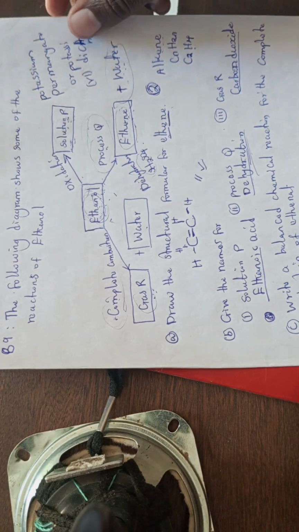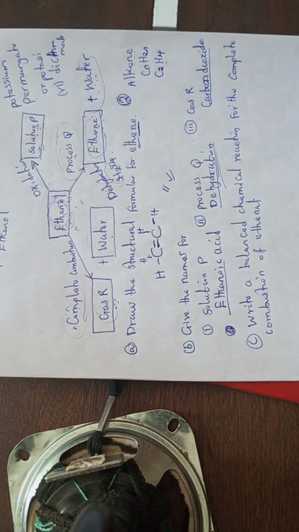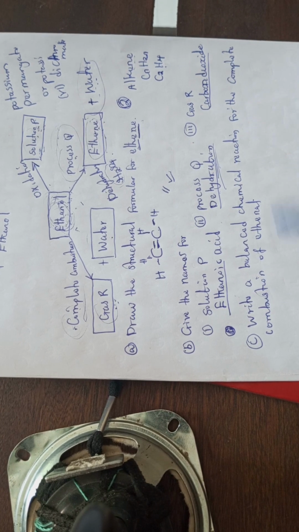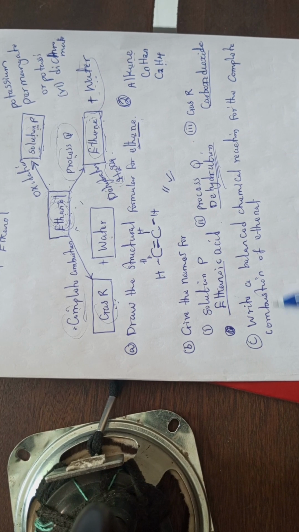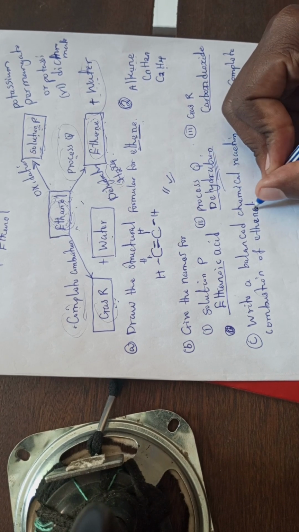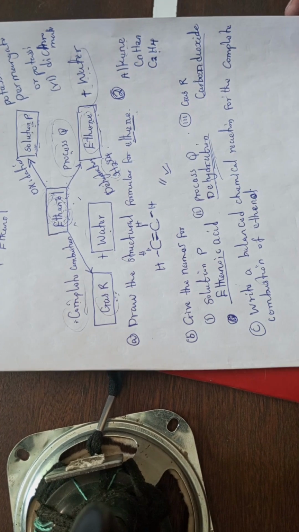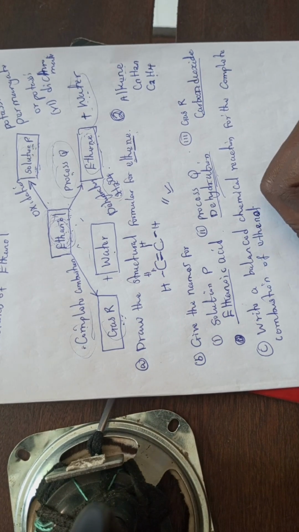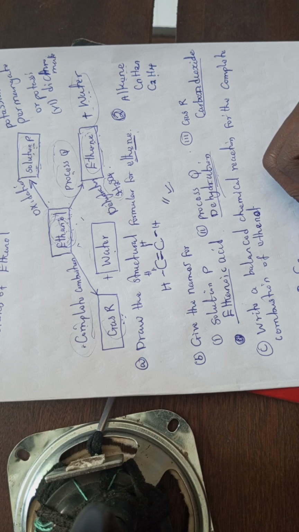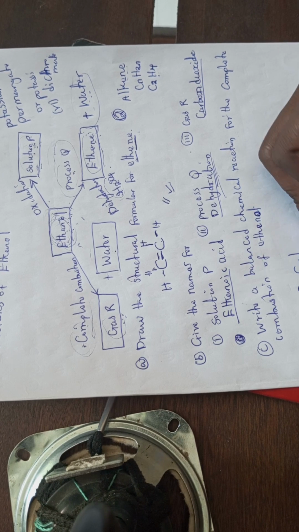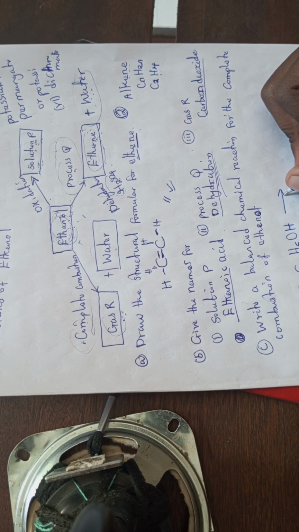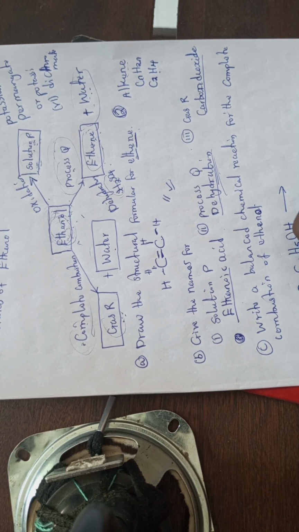Now, let's go to our last question. Write a balanced chemical reaction for the complete combustion of ethanol. So ethanol is undergoing the process of complete combustion. We know that ethanol, which is C2H5OH, is a member of alcohols, with general formula CnH2n+1OH.